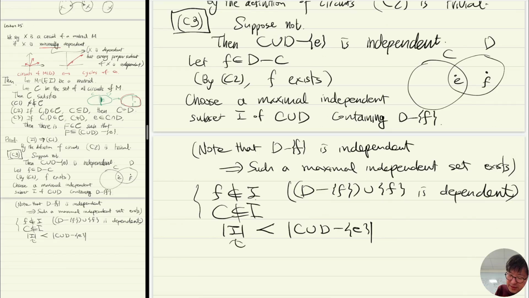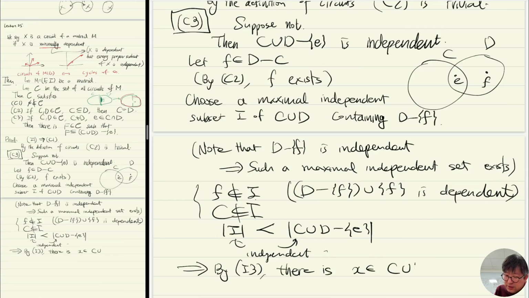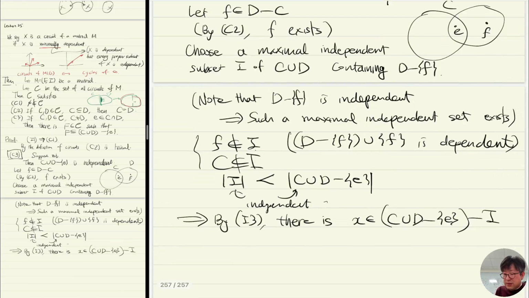But both are independent, right? So by I3, there is X in C union D minus E minus I such that I union X is independent.